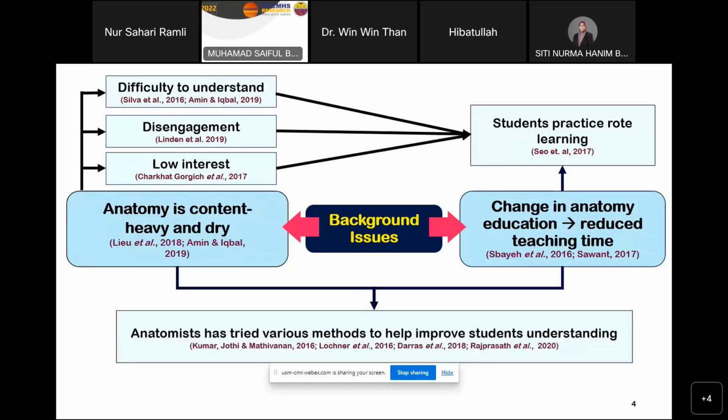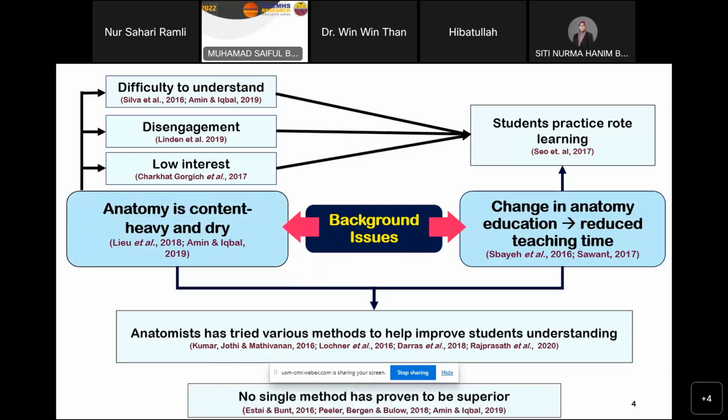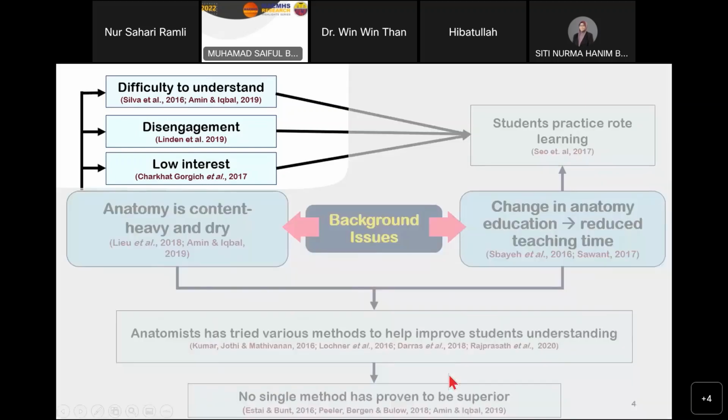Anatomists have tried to help improve students' competency and understanding by using a lot of methods. However, no single method has proven to be superior. So in this review article, we would like to find a tool to tackle these three main problems.